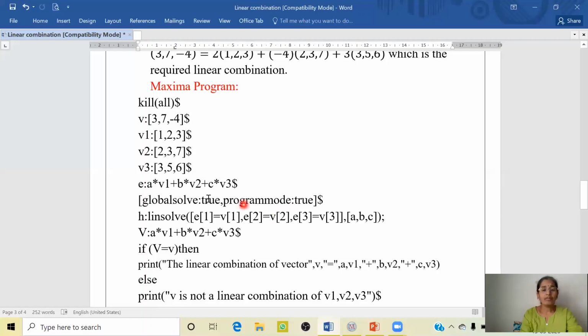That is, the values of all the variables A, B, C will be given in terms of some constant denoted by %t or %c, whatever it may be. So we are going to use programmode true. In that sense, it is not going to give such indeterminate expressions. Next, we need to solve these three equations as we did in the manual part.